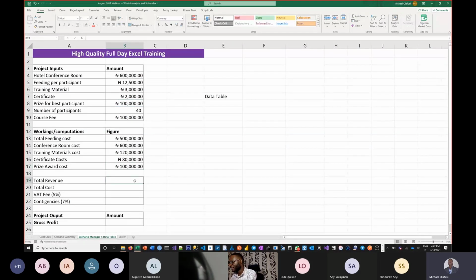Great. And then from there I can get what the revenue is going to be. Revenue is going to be how many people we get times how much they pay. Okay, and then what other thing? Total cost is now going to be the summation of all of these, my cost breakdown that is already factoring in all of the people and how much we are spending to cater for them for this training. And then VAT is now 7.5%.